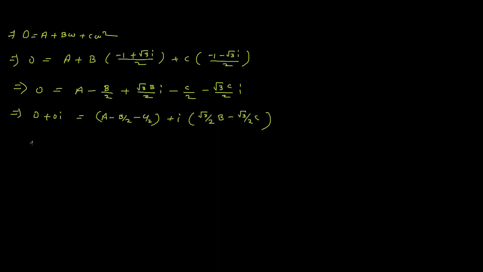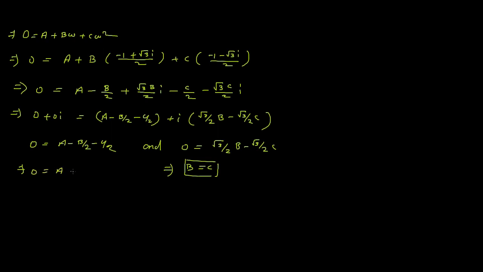So here we can write 0 is equal to A minus B by 2 minus C by 2 and 0 is equal to root 3 by 2 B minus root 3 by 2 C. If we solve the second part, we get B is equal to C. Put this value in the first part: 0 is equal to A minus B by 2, and instead of C write B again, as B and C are both equal.